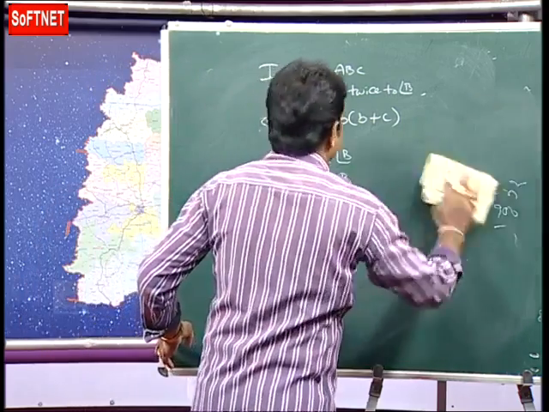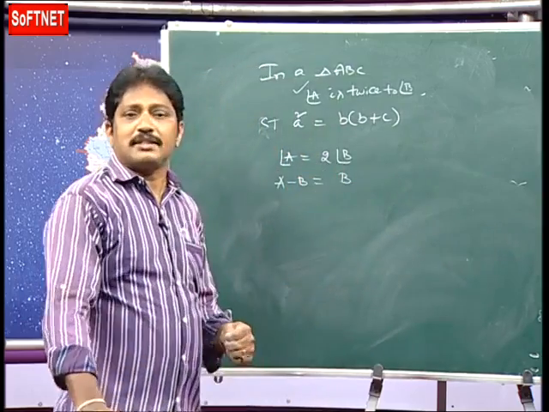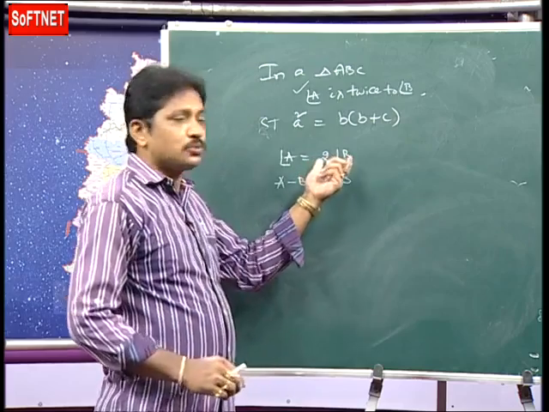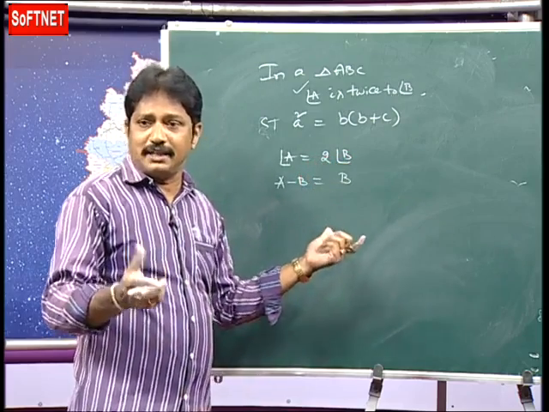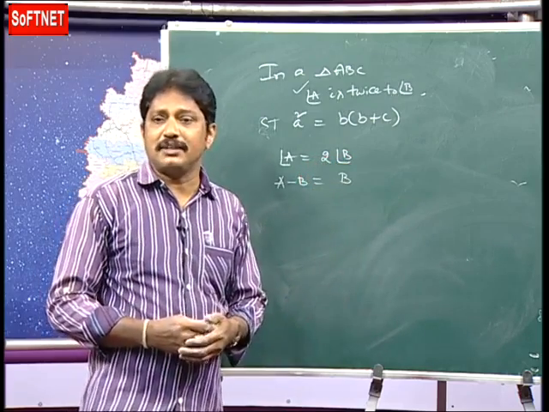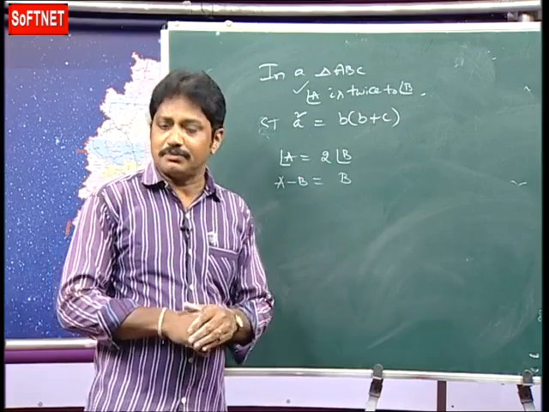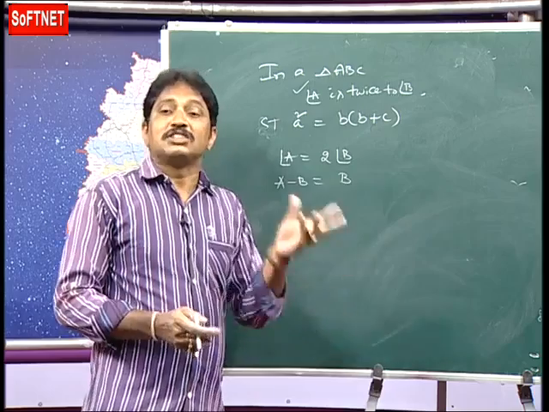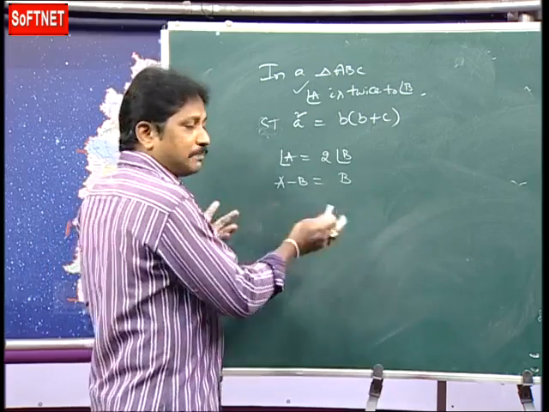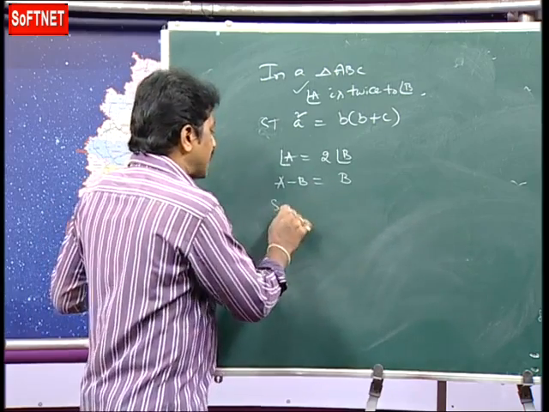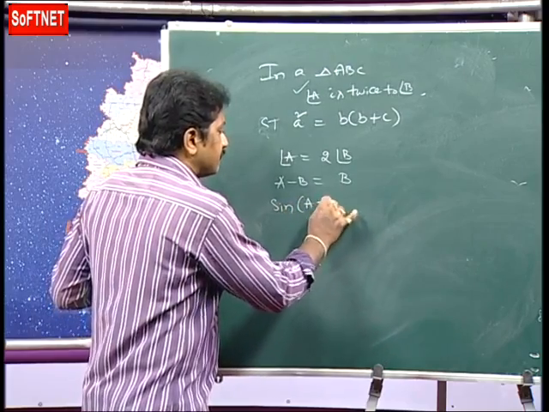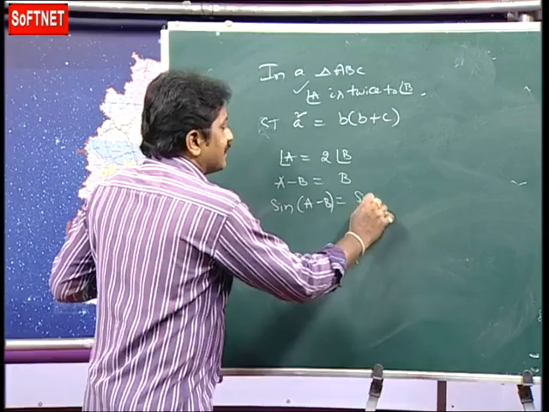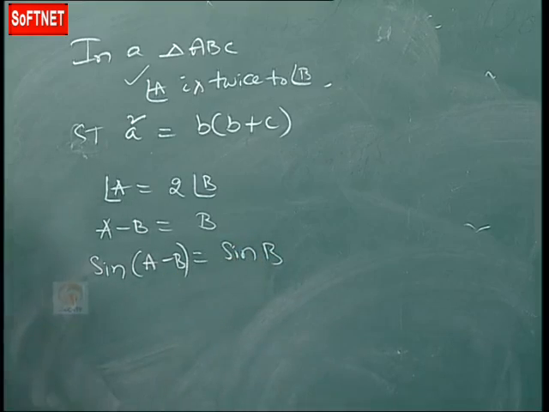Now coming to this: A equals 2 times angle B, then I write it as 2B, and 2 times B as B plus B, which gives A minus B equals B. Now I apply the sine for both sides. So sine of A minus B is equal to sine B, correct?